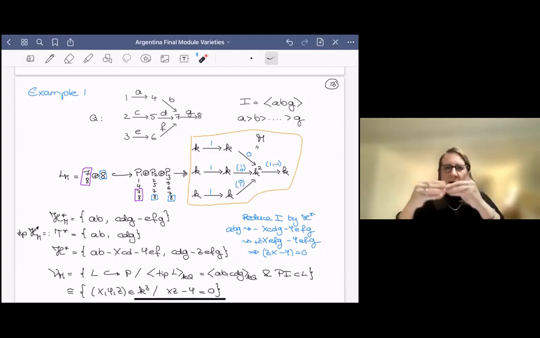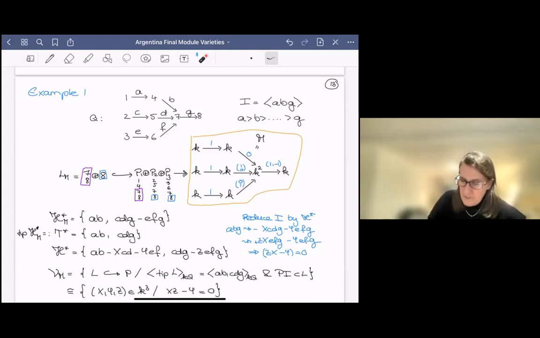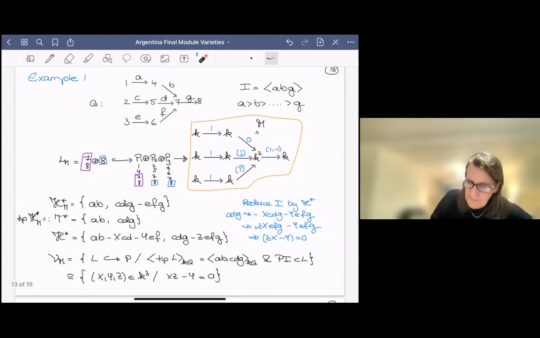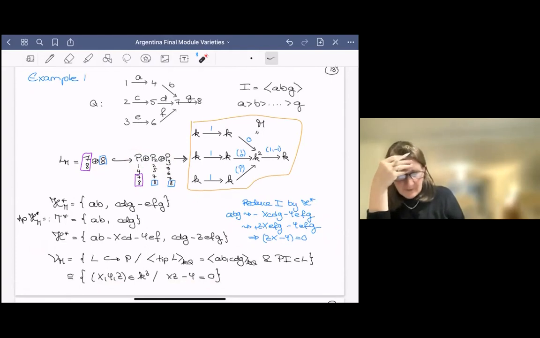This is where the equations appear, which allow us to show that we have indeed an affine algebraic variety. I have written the reduction of the overlaps here. And then we see that we pick all those Gröbner bases generating submodules of this projective module that correspond to points x, y, z, such that xz minus y is equal to 0.